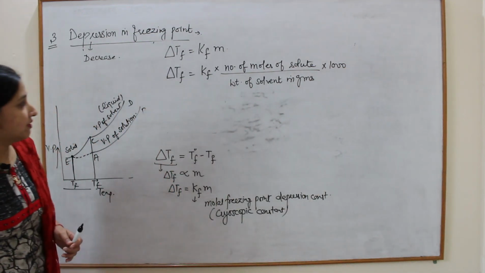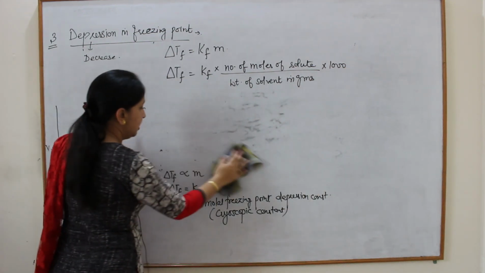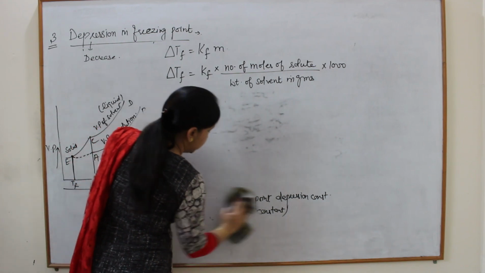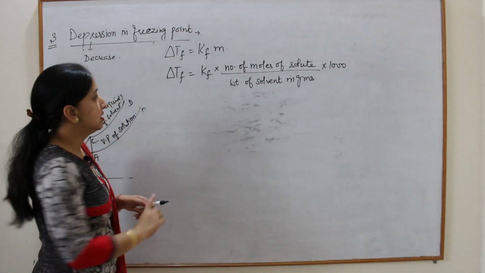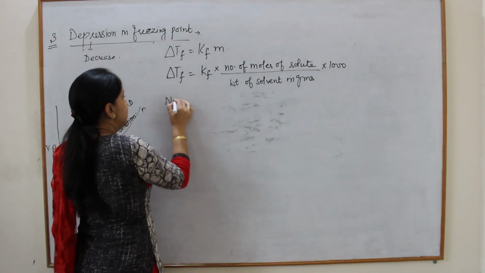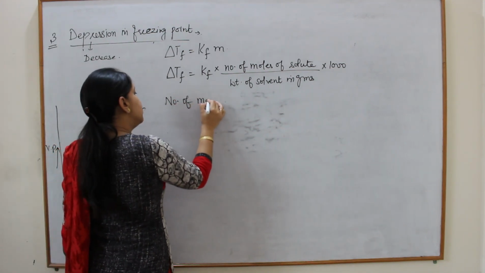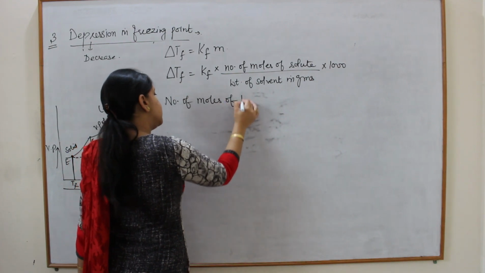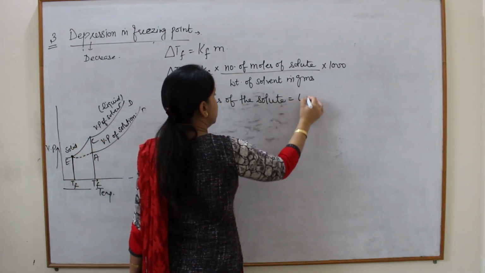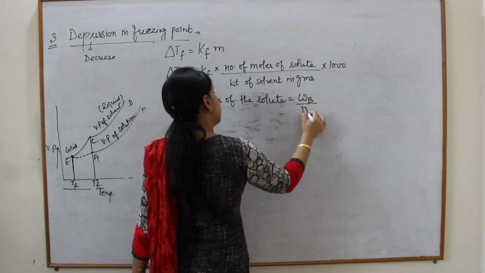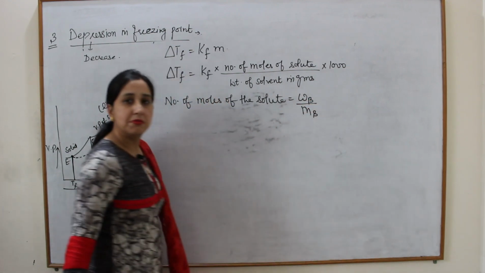So this will be the value of delta TF, but the number of moles of the solute is equal to its mass upon molecular mass.